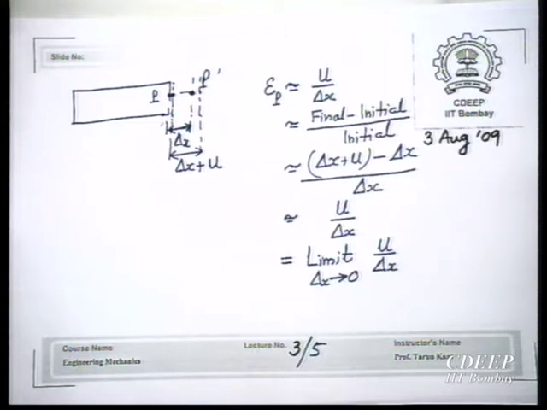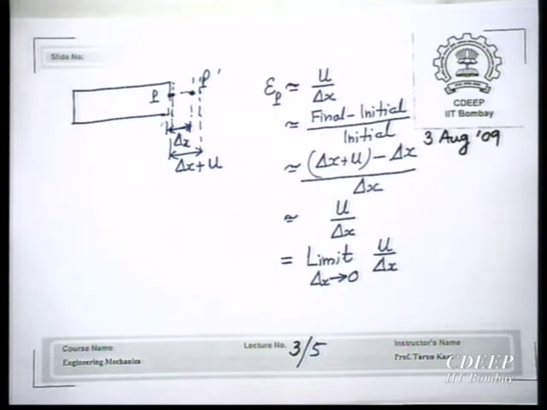In any differential calculus, how do you define a derivative? Derivative of a function at point P on the curve: you take a point P dash at a distance x plus delta x, find out delta y, then divide that by delta x, and then say delta x tends to 0, then it is given by dy by dx.